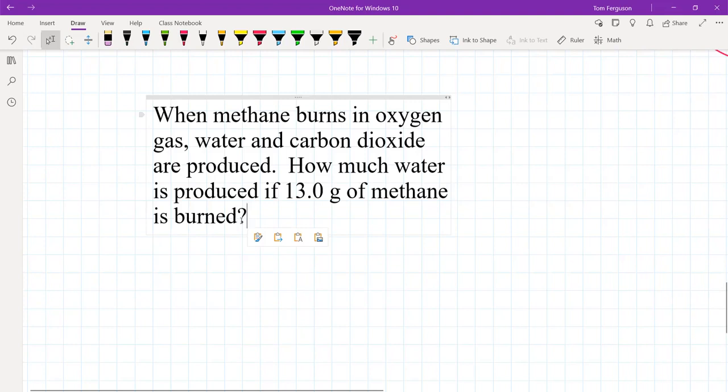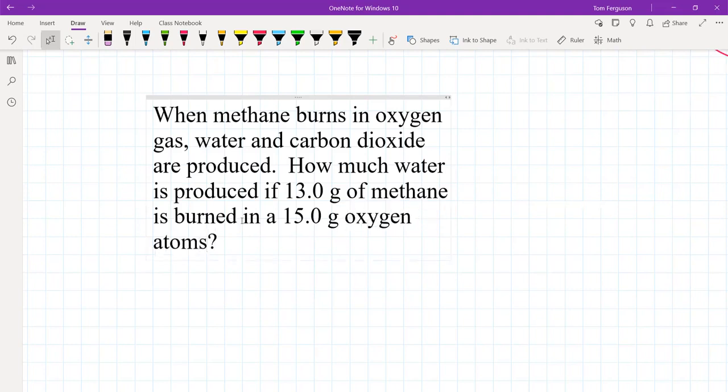Okay, so we're going to modify this. How much water is produced if 13 grams of methane is burned in, let's say, 15 grams of oxygen? So we have 13 grams of methane, 15 grams of oxygen.